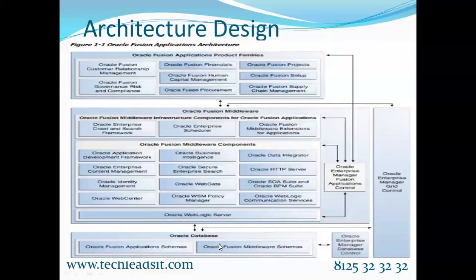And in the database layer, again, we have two schemas available: the product family schemas and the middleware schemas. This is how the architecture is designed, and these layers can talk with each other. If something happens in any one of the layers, there is Grid Control, which will send an alert to the respective team, and the team will take care of the rest.